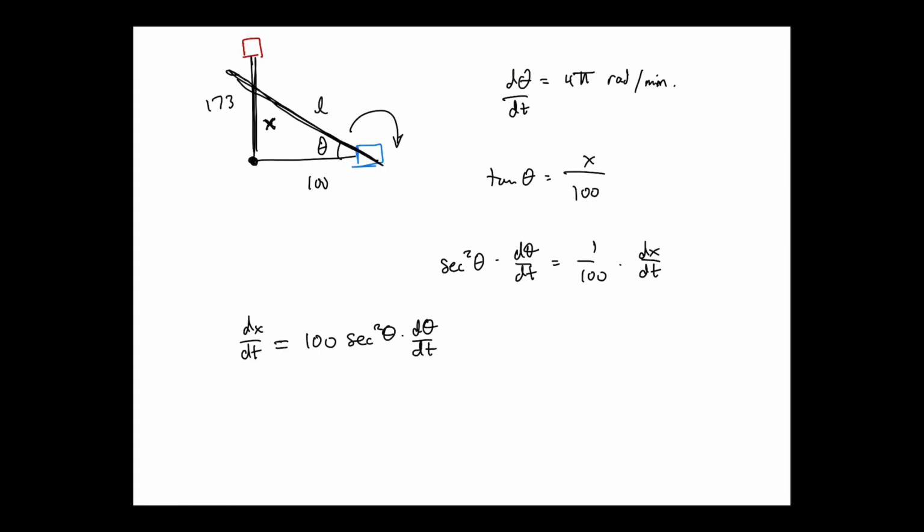Okay. Now, do we know d theta dt? Yeah, that was given, 4 pi or whatever it was. Do we know secant squared of theta? No, because we don't know theta either. Okay? So we need to solve for that.